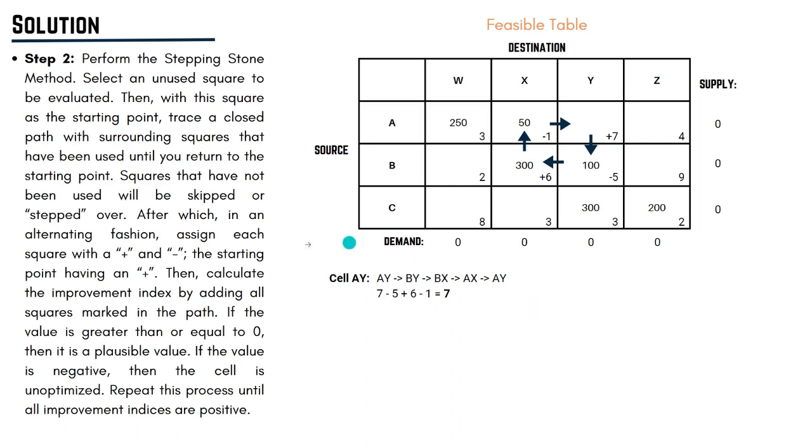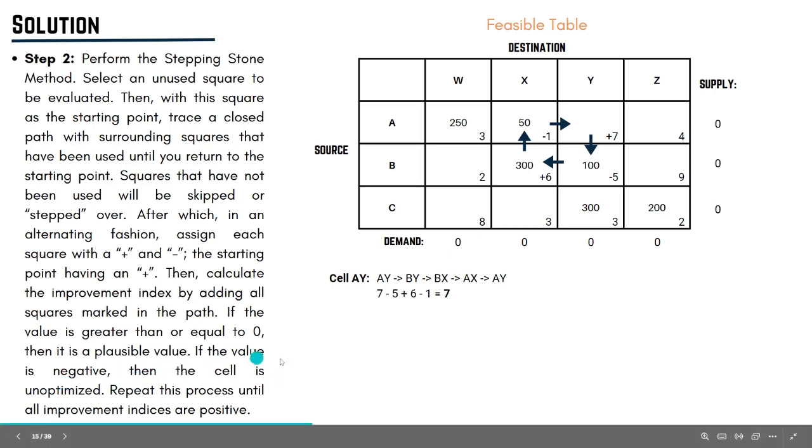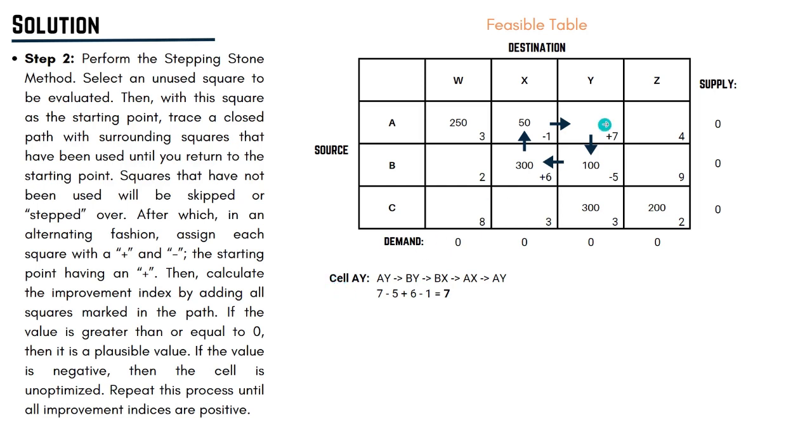This is now your improvement index. Do note that if the value is greater than or equal to 0, then it is a plausible value. If the value is negative, then the cell is unoptimized. Since our improvement index is positive, cell AY is a plausible value, in which we will not perform any optimality test for this specific cell, which we will discuss in the upcoming slides.